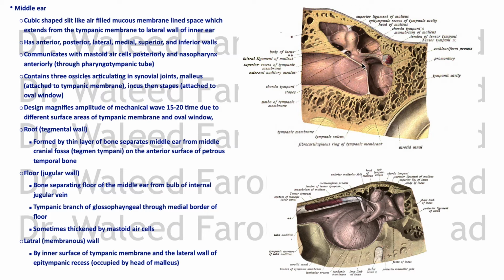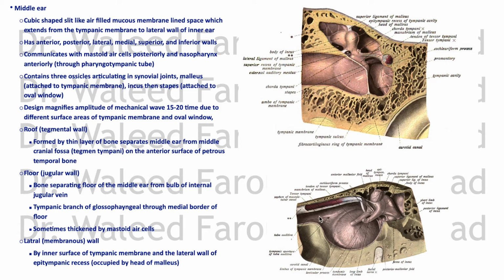So this is the cavity of the middle ear. It's a slit-like structure. It communicates anteriorly with the nasopharynx through the eustachian tube or pharyngotympanic tube, and posteriorly with the mastoid air cells through the aditus, and we will study this.